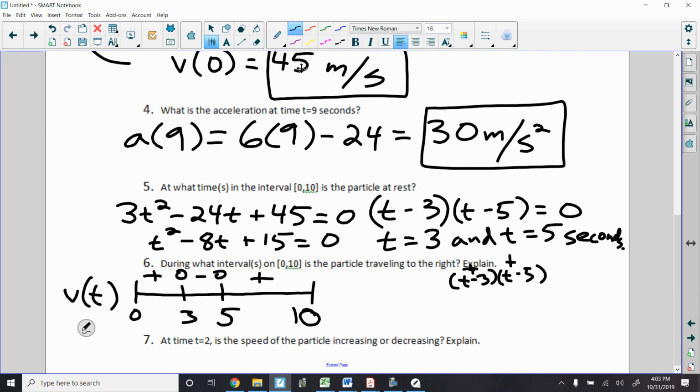This sign chart is very helpful because now I know all the times when v of t is positive. And I'd make the same sign chart if the question was about traveling to the left. But it's about traveling to the right. So now I'm going to report my interval as I'm traveling to the right on 0, 3, union 5, 10.